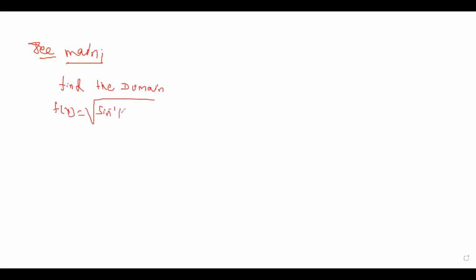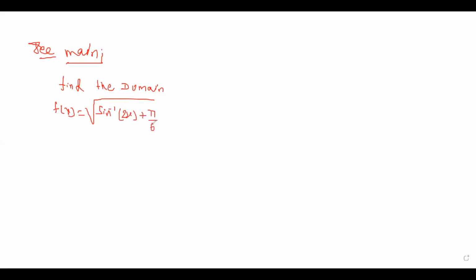Write down one question from JEE. This is a JEE Main question. Find the domain of f(x) equal to the square root of sine inverse 2x plus pi by 6.